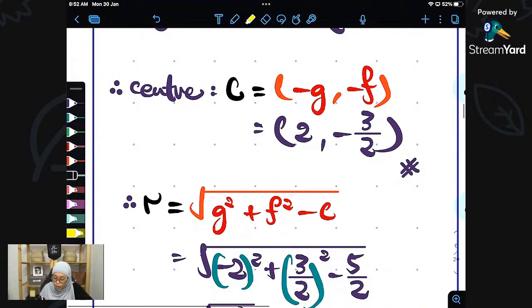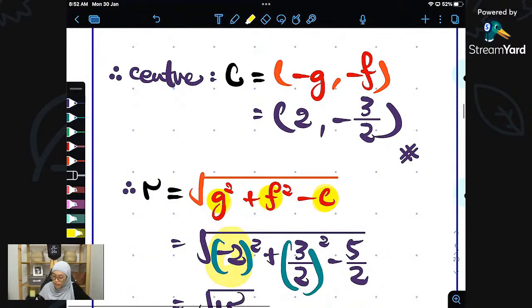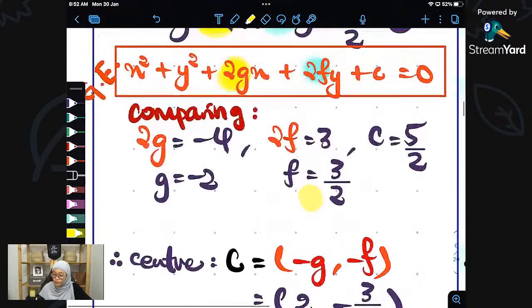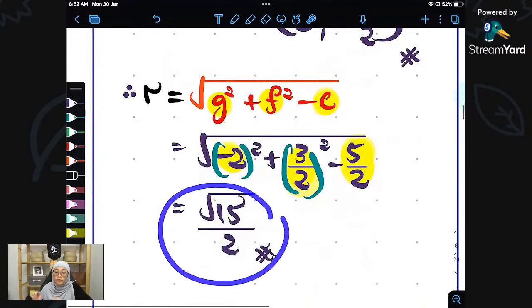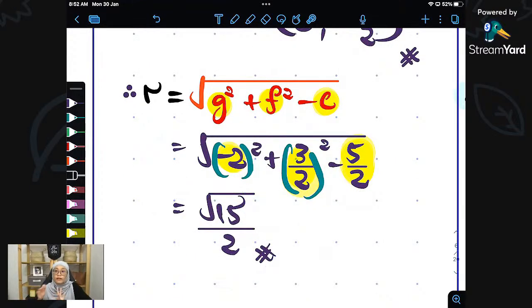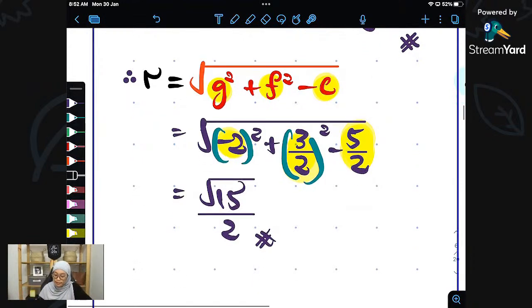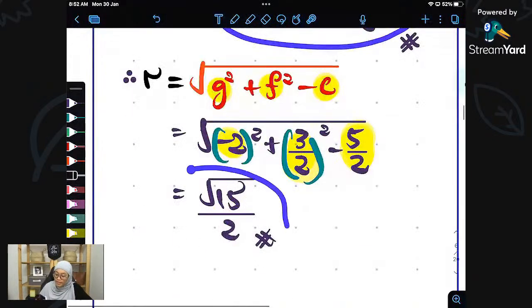You dah pun tahu your g, your f, and c, and so you sub in the -2 value, okay, and the negative, and then 3/2 and -5/2. Oh, bukan -5 ya, just 5/2. Sebab dalam formula ni yang negative. So careful there, careful there. Alright, and so my answer for the radius is square root of 15/2. Done here. So we have found our center and our radius.